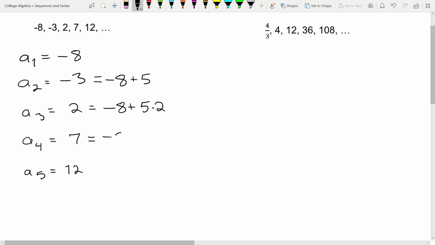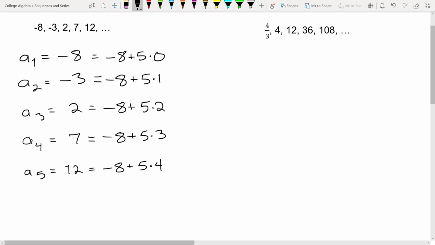A4 is -8 plus 15, or 5 times 3. A5 is -8 plus 5 times 4. Going backwards, we can see that A2 is 5 times 1, and then, of course, -8 is 5 times 0.